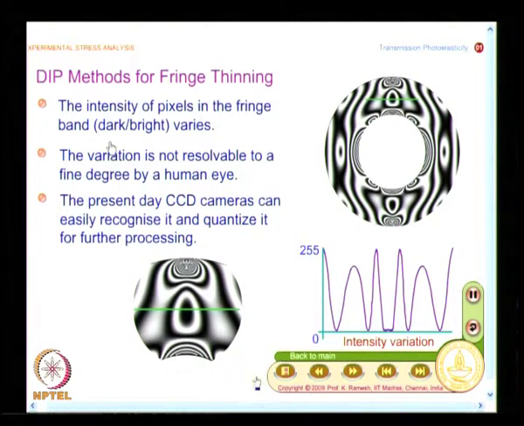So, the point here is that the intensity of the pixels in the fringe band varies. The variation is not resolvable to a fine degree by the human eye. Present day CCD cameras can easily recognize it and quantize it for further processing.